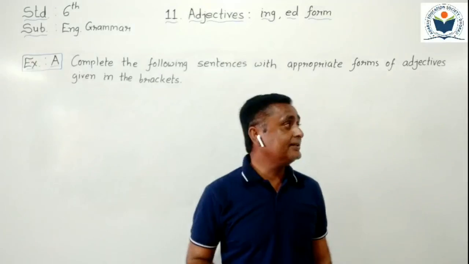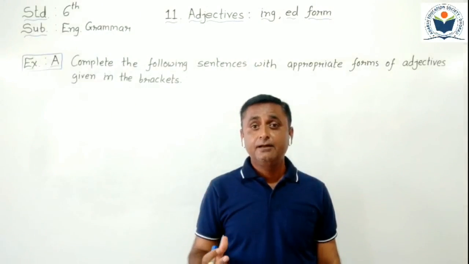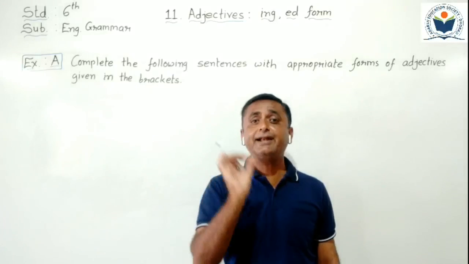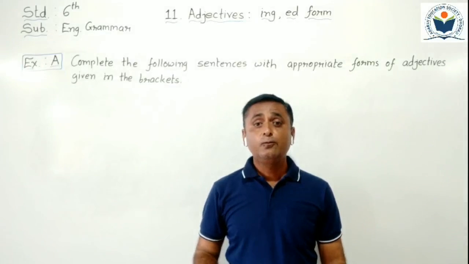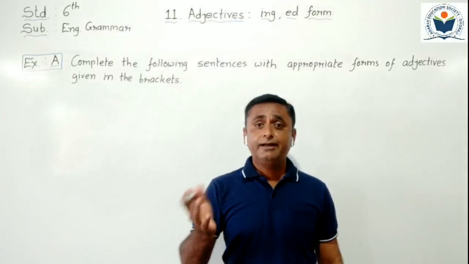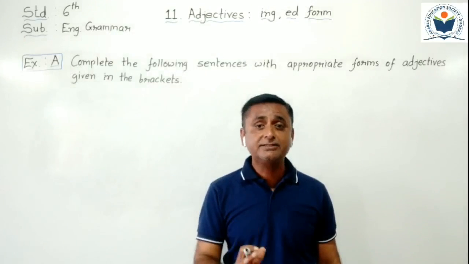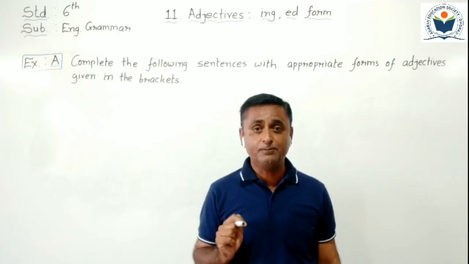Here some sentences are given. Based on that, we have to understand the sentence, and one bracket is given here. We have to use the word in that bracket and fill up the blanks with that word, but with ing and ed form.